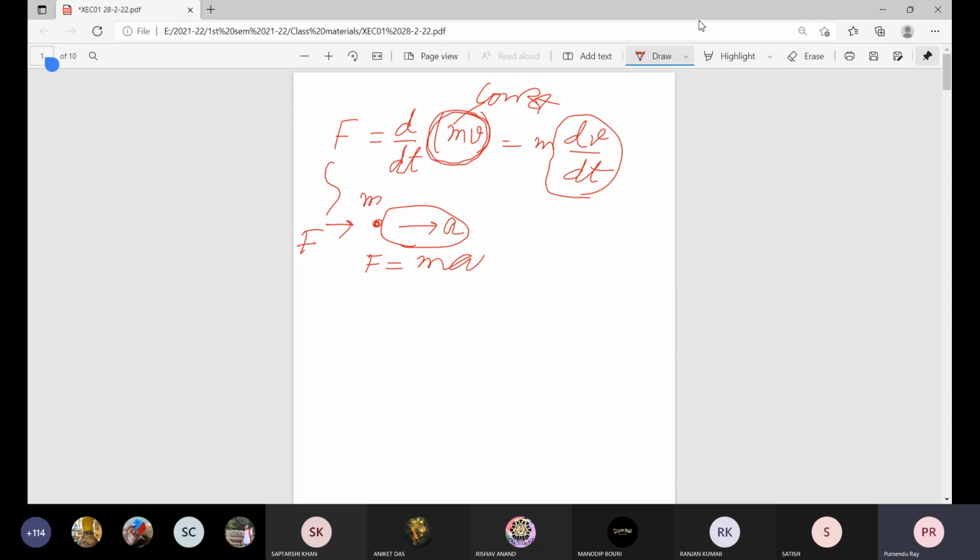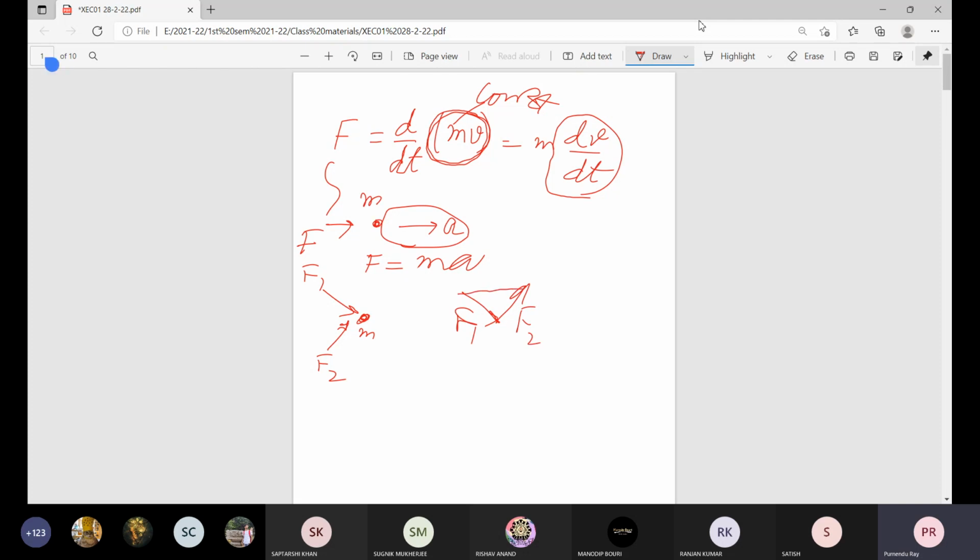But there are so many things in between the lines. If two forces are acting on the same particle, then the particle moves in the direction of the resultant. Now, how to find out the resultant of F1 and F2? It's very easy. Graphically or analytically you can find it.